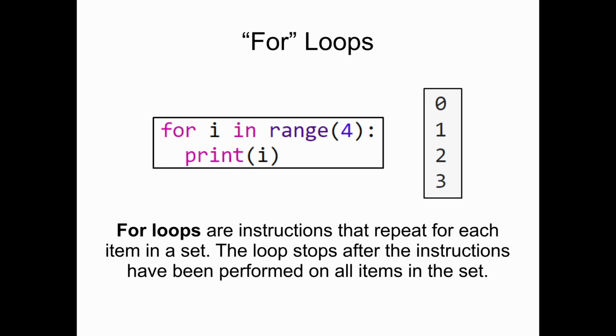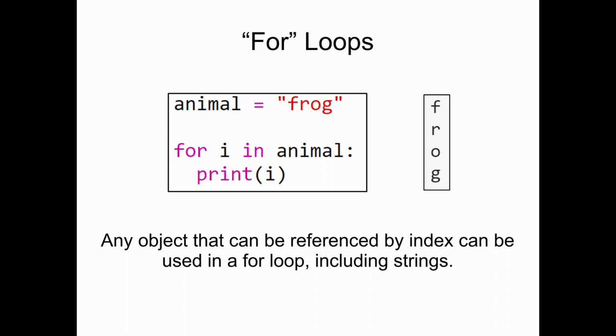For loops are instructions that repeat for each item in a set. The loop stops after the instructions have been performed on all items in the set. Any object that can be referenced by index can be used in a for loop, including strings.